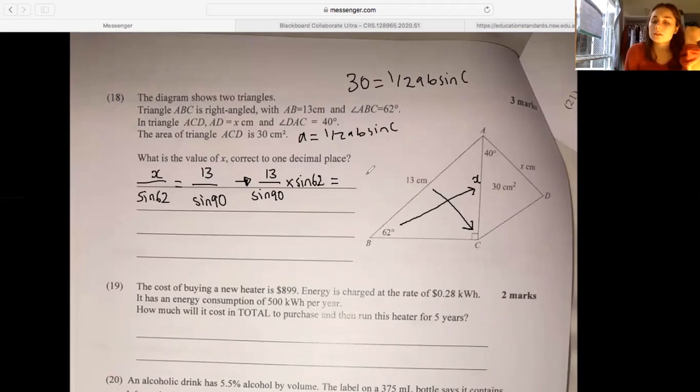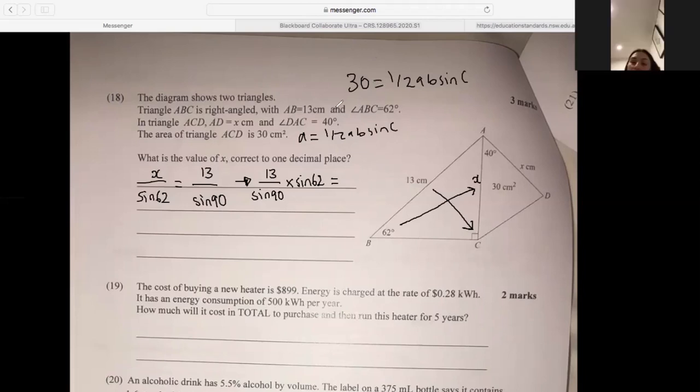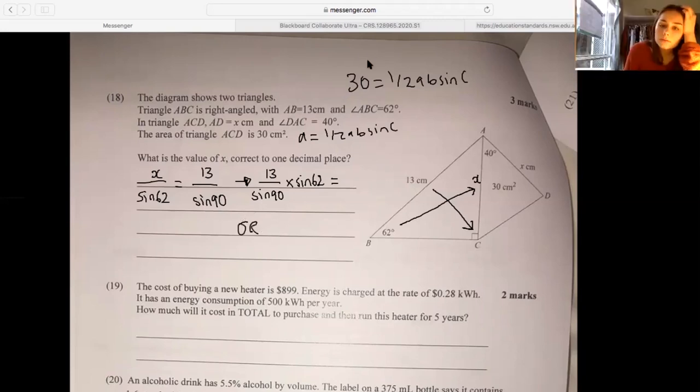Or you don't even actually have to use the sine rule. You could, but because it's a right angled triangle, we could simply just use SOHCAHTOA. So you could do that, or you could just go, what do we want?